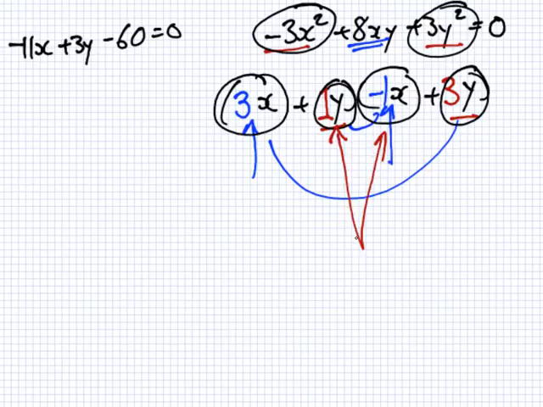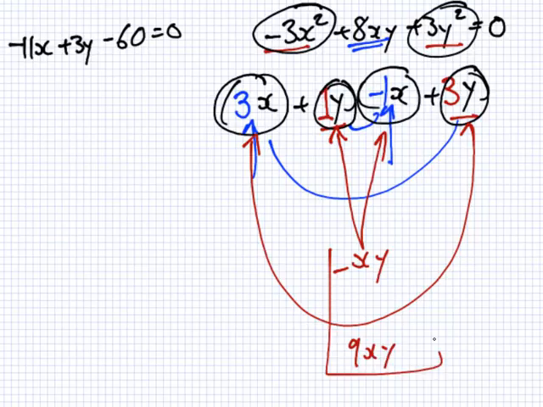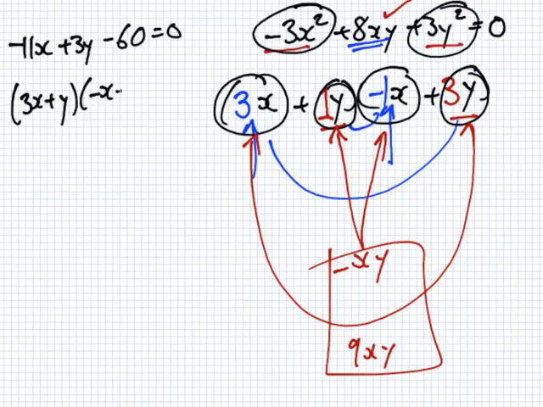These two make minus xy, and these two make 9xy. When you add them together, you get 8xy. Yeah. So you can write the second equation as 3x plus y times minus x plus 3y equals 0.